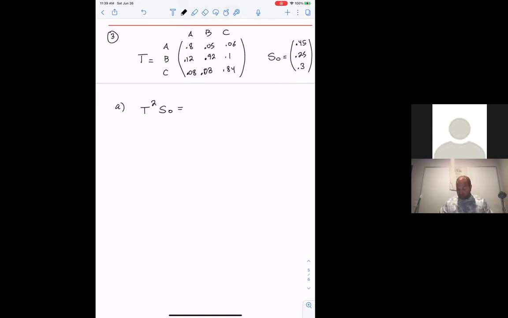and multiply it by 2 transitions. So let's edit a 3 by 3 matrix: 0.8, 0.05, 0.06, 0.12, 0.92, 0.1, 0.08, 0.03, 0.84. And let's edit a 3 by 1 state vector: 0.45, 0.25, 0.3.